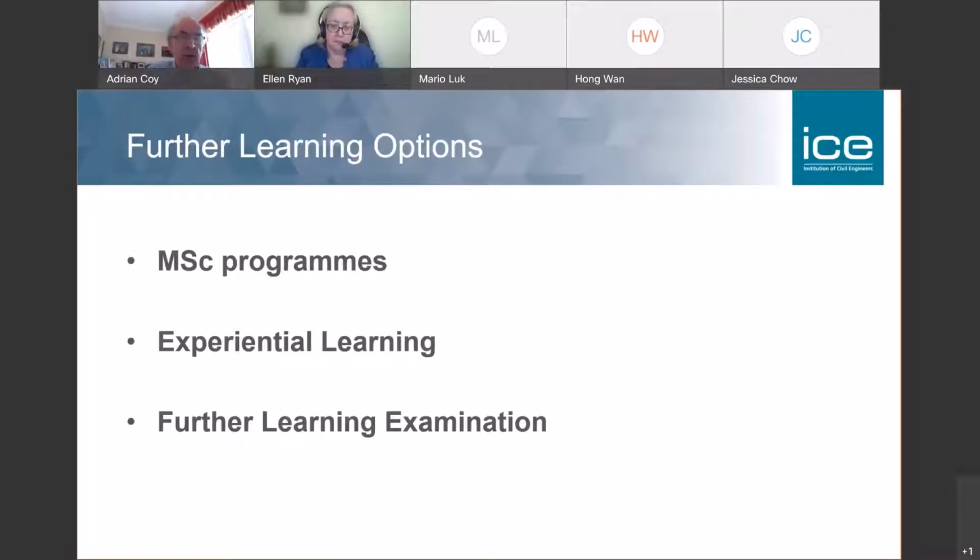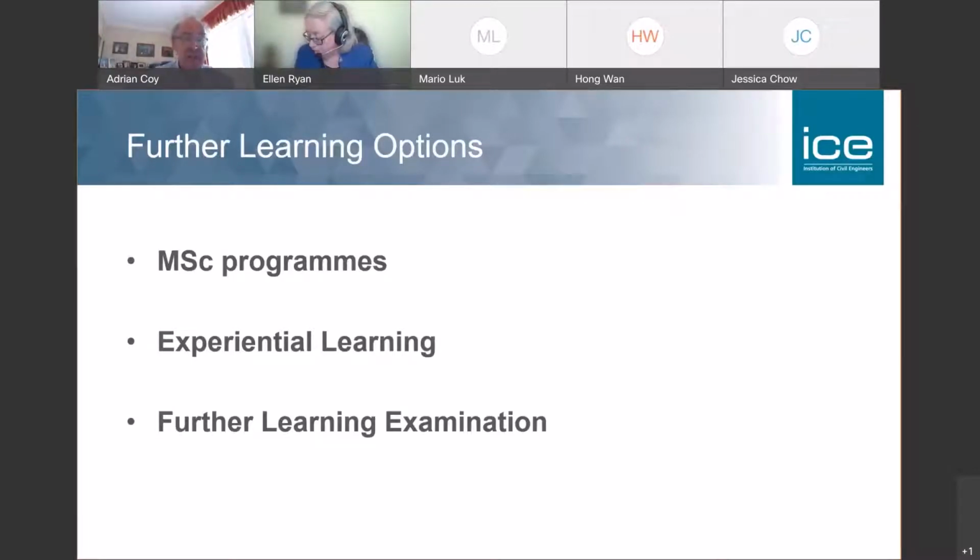The further option that we have introduced is that during 2018 and 2019, we started looking at the potential for an exam to satisfy that further learning standard, to make sure that it was to a master's level. So the ICE Further Learning Examination panel was formed in 2018-2019.